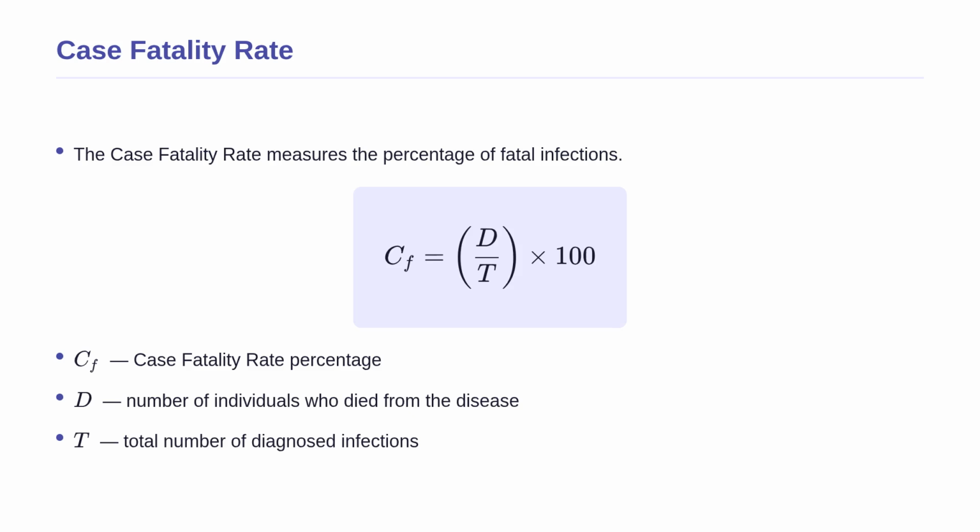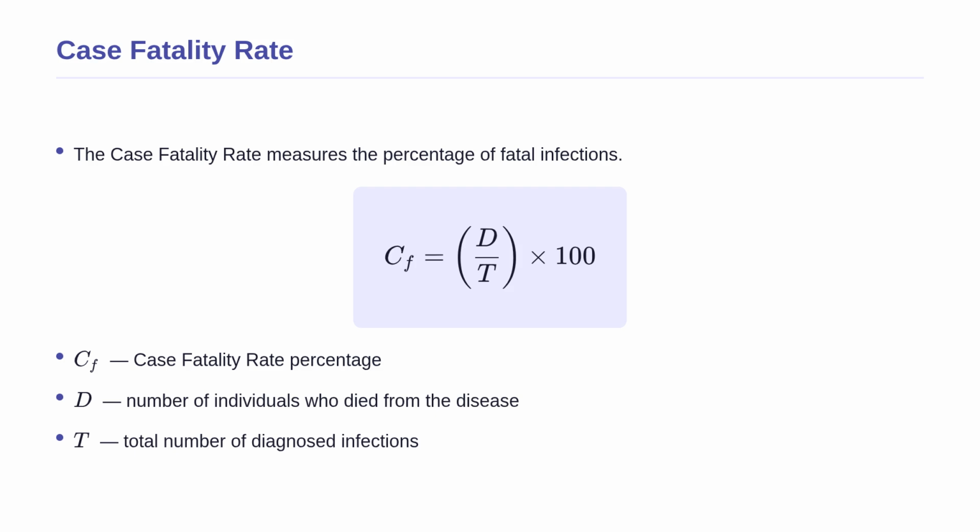This need to measure lethality leads us to a crucial epidemiological metric known as the case fatality rate, or CFR. This simple yet powerful formula tells us the percentage of diagnosed individuals who ultimately die from the disease. In this equation, the variable D represents the number of individuals who passed away from the infection.